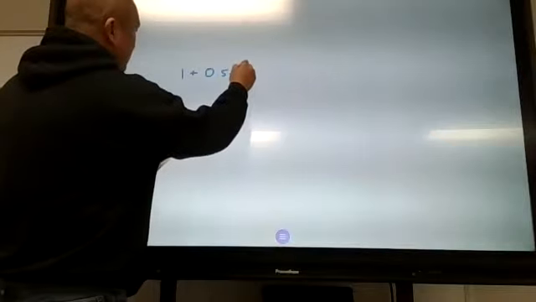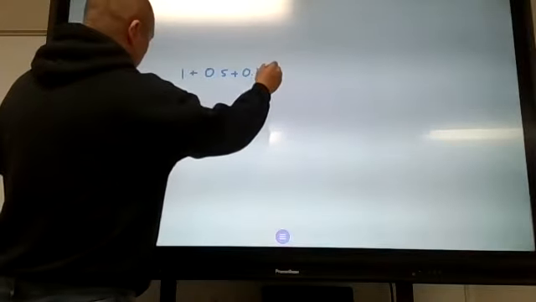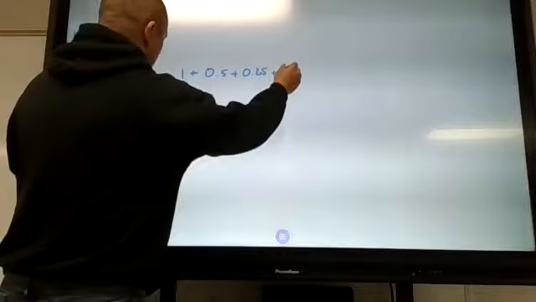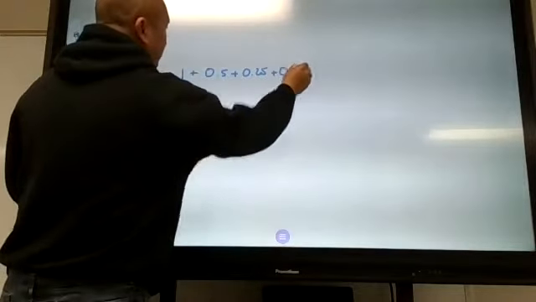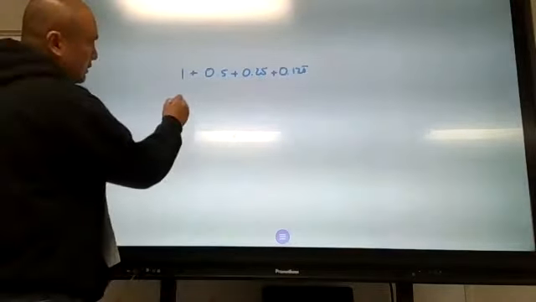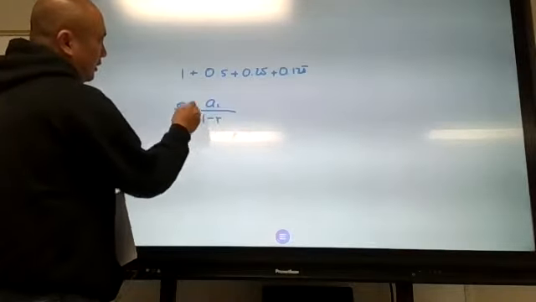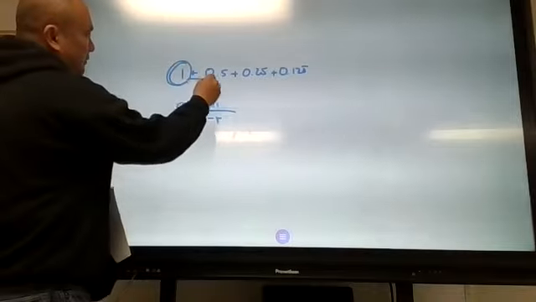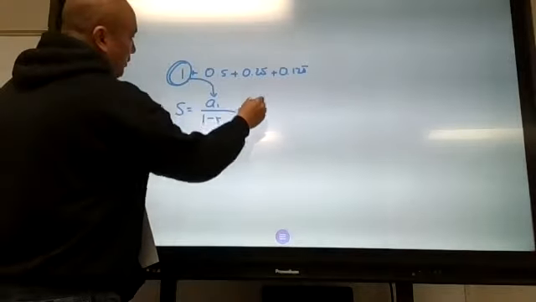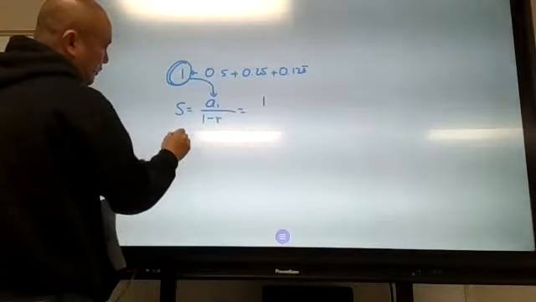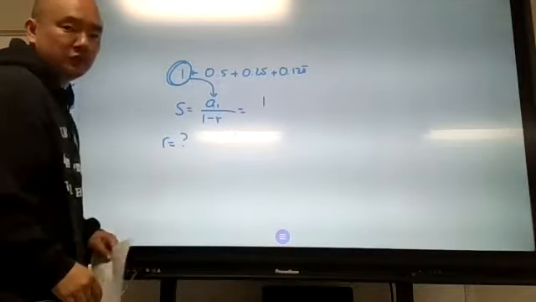Let's do number 17. Number 17 is 1 plus 0.5 plus 0.25 plus 0.125. Now remember, we have to use this formula, S equal to a sub 1 over 1 minus r. We know the first term is 1, so we're going to put that up here. But we don't know what the ratio is. That's our big mystery.